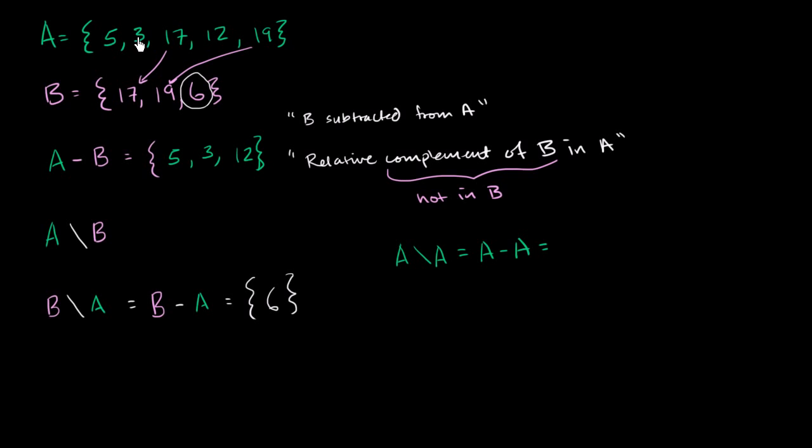There's a 3, but there's a 3 in set A, so I have to take the 3 out. So I'm going to take all of these things out, and I'm just going to be left with the empty set. The empty set, often called the null set. And sometimes the notation for that will look like this. The null set, the empty set. It's a set that has absolutely no objects in it.